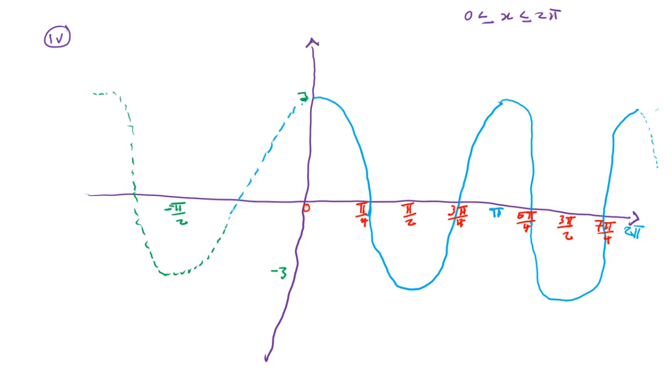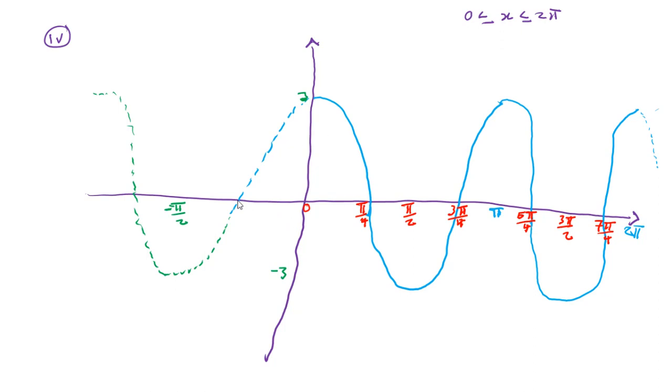Let me just put a negative pi over 2. So after you do that, you really need to be extra careful when it comes to the phase shift.